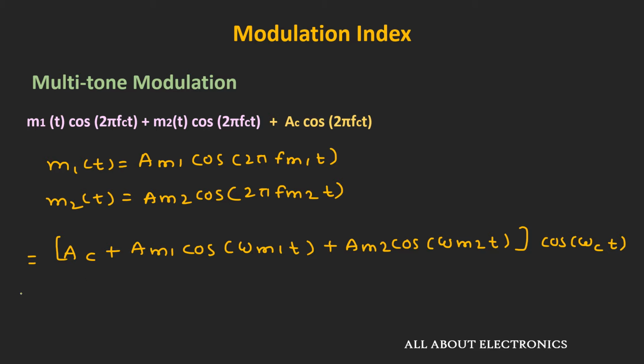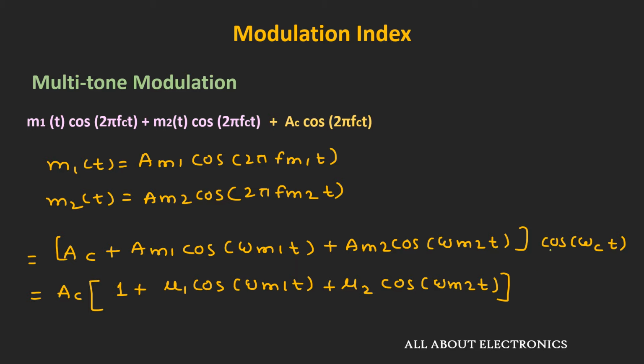And if we further simplify it, then we can write it as AC times 1 plus mu1 times cos of omega 1 t plus mu2 times cos of omega m2 t, and further it will get multiplied with the carrier term, that is cos omega c t.